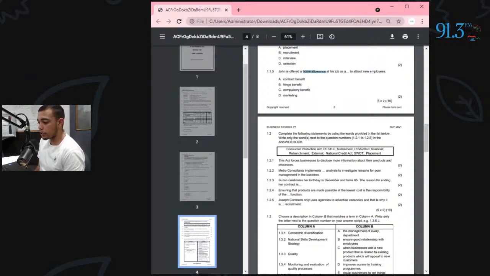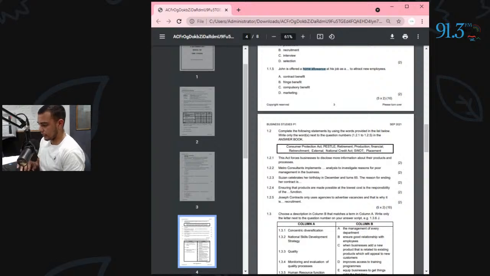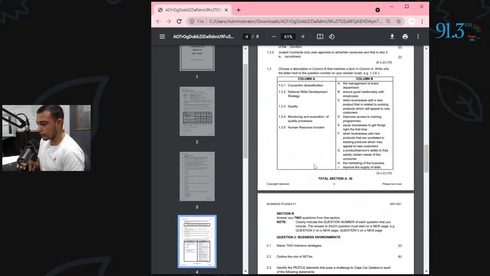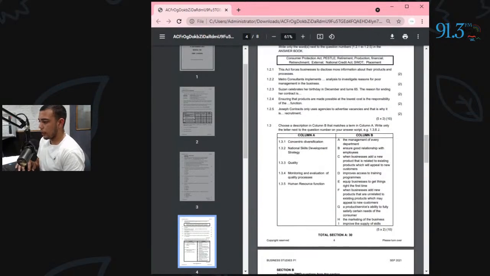This act forces businesses to disclose more information about their products and processes. So the keywords we are looking at are disclose more information about their products and processes. We highlight that. Okay, it's highlighted now.